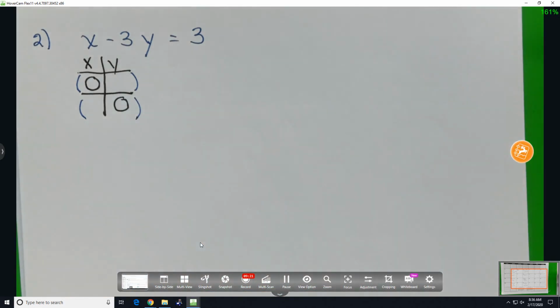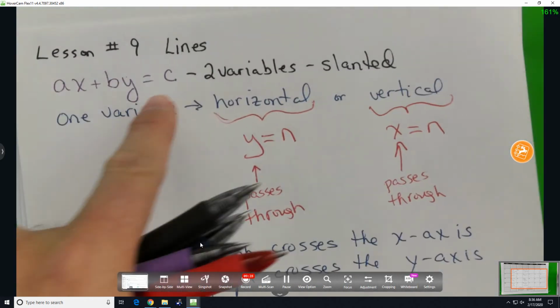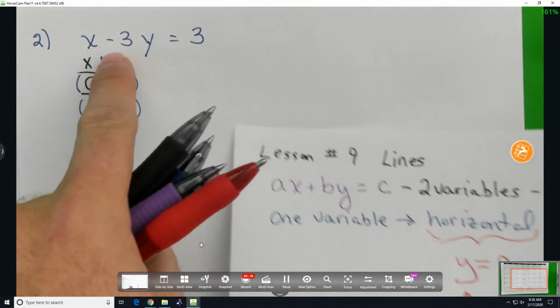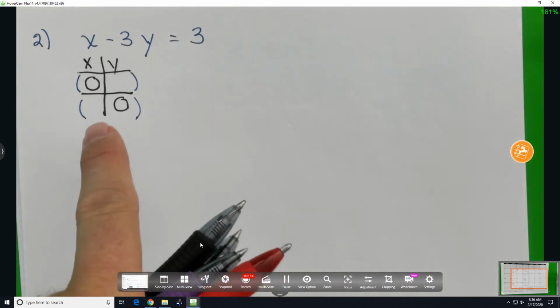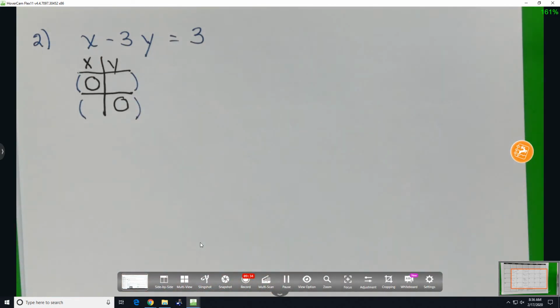So you have to know, if you have a slanted line, how do I know it's a slanted line? Well, there's 2 variables in it. There's an X and a Y. So this is a slanted line. So you plug a 0 in for X, solve for Y, plug a 0 in for Y, solve for X. Fill in this table.